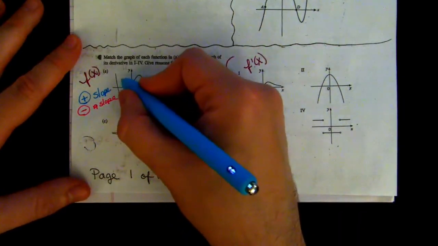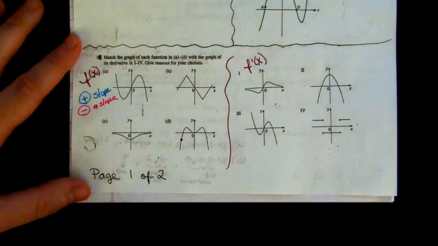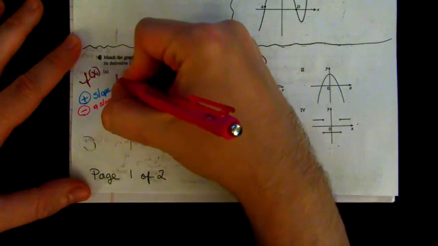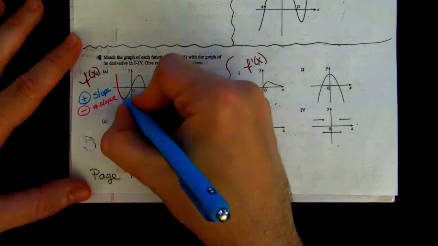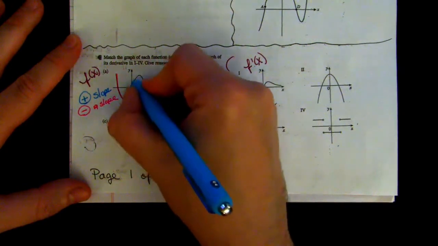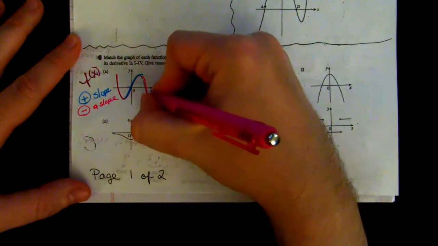So what I mean by that is, looks like I have a negative slope over there, so I'm going to trace this one out in pink. I then have a positive slope over here, so I'm going to trace that out in blue. And a negative slope over there, so I'm going to trace that out in pink.